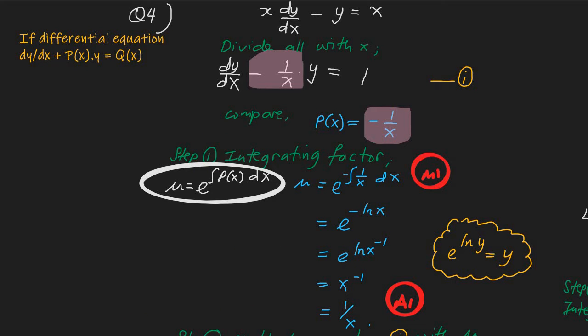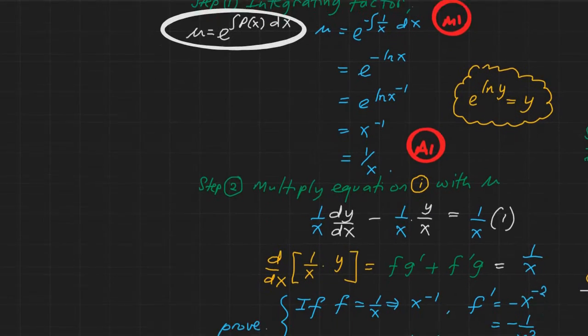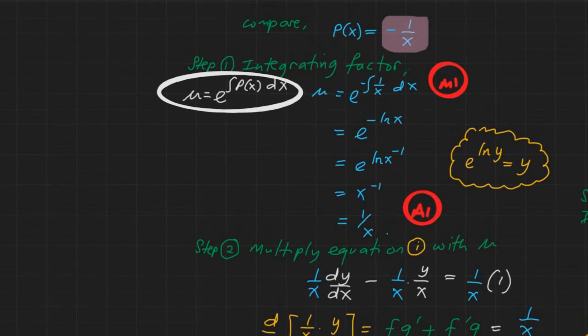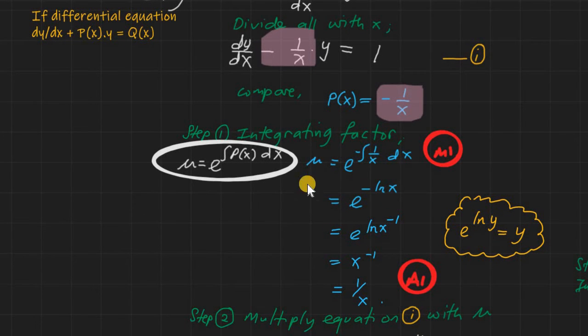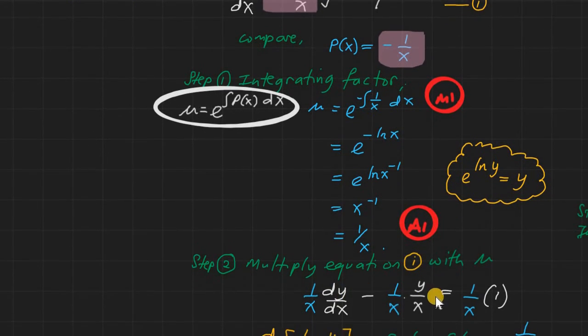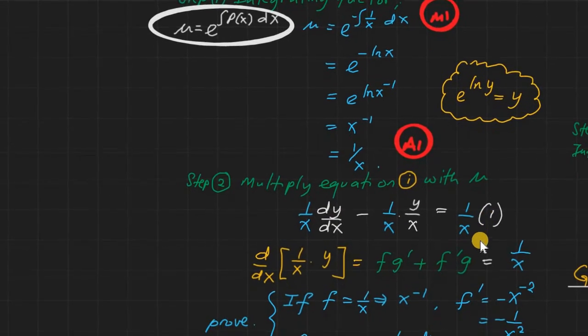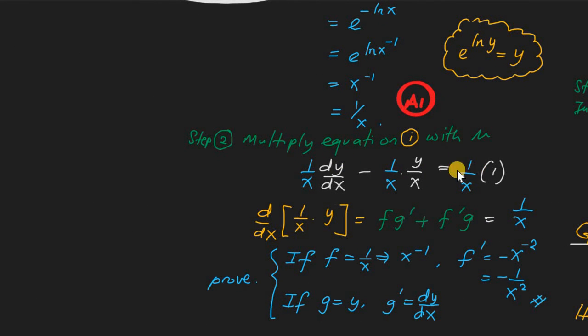Next, step number 2. Basically, you are supposed to multiply everything in equation 1 by our integrating factor, which is 1 on x. So we multiply all the terms until we get this format. You can combine the left side into 1 on x times y.